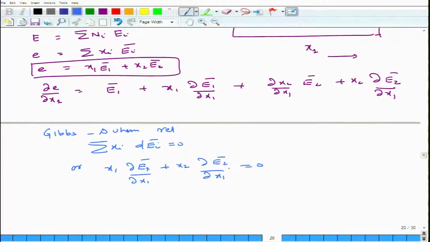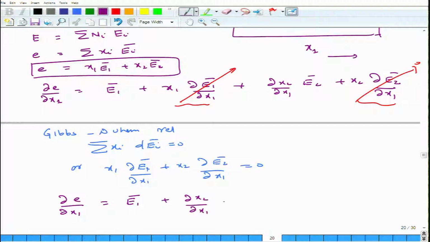When you look at this expression, which is a Gibbs-Duhem, that means this and this together will be 0. Okay. So, I remove that. What I am left with is del E by del x1 is E1 bar plus del x2 by del x1 E2 bar. Okay. Now, this of course is minus.